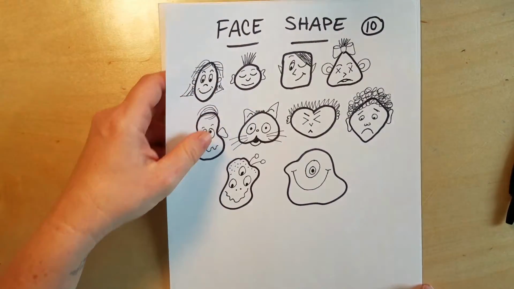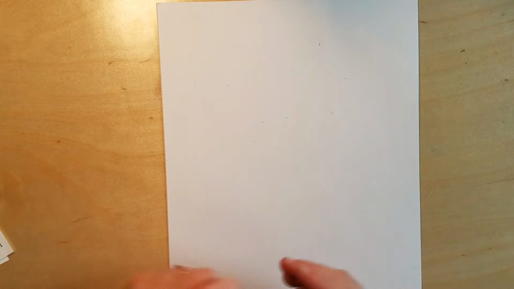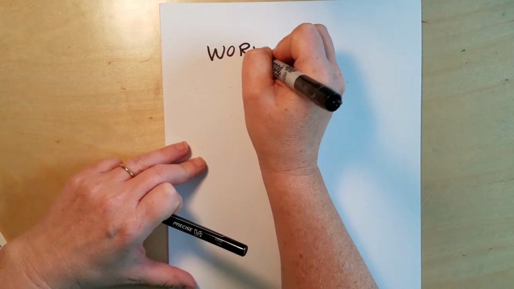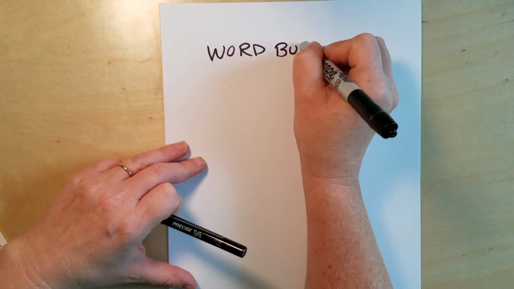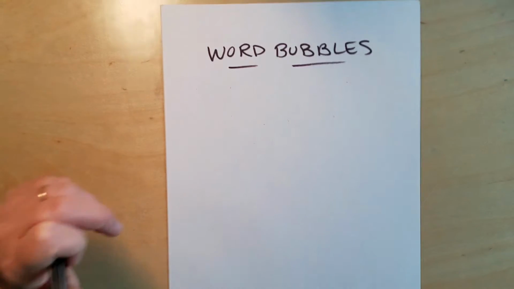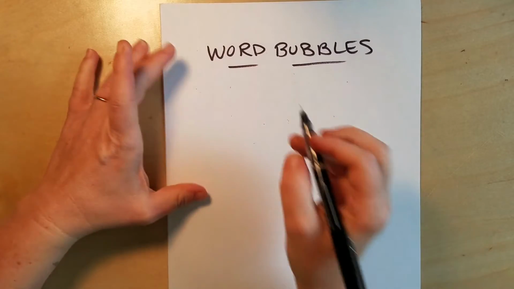Now, if we want to make our characters speak, you have a couple varieties. You can do what's called word bubbles. Word bubbles allow the viewer to see where the voice is coming from.